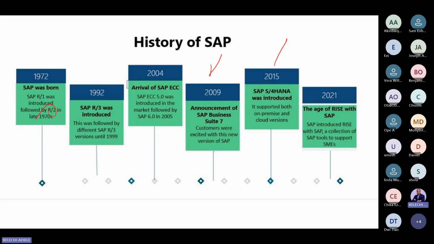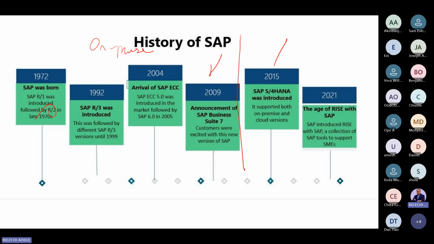In 2015, SAP introduced what we call S/4HANA, which is the database, which is HANA. We're going to learn about that as we move on. But SAP introduced S/4HANA, which is like a cloud version. From here down was all on-premise.